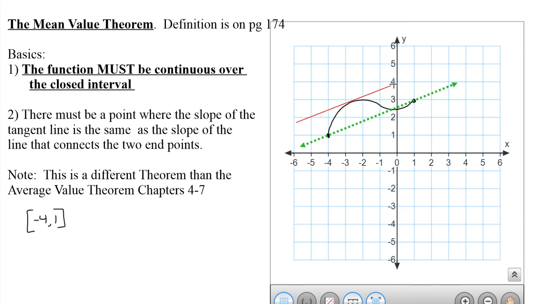Certainly up here we could have a tangent line that's parallel, like right there, at this value, we'll call it C. And maybe if we do a clone here, maybe right there, there's also another one. So you can have more than one. All this really says is that there has to be at least one. We'll call that E just for fun. All right, so those are the basics.